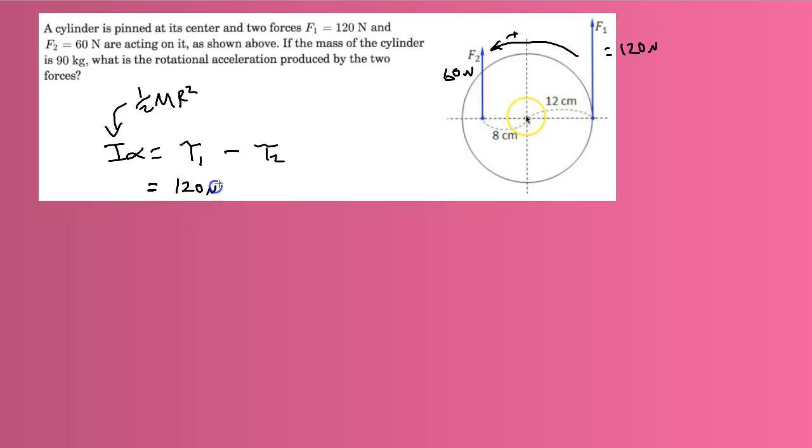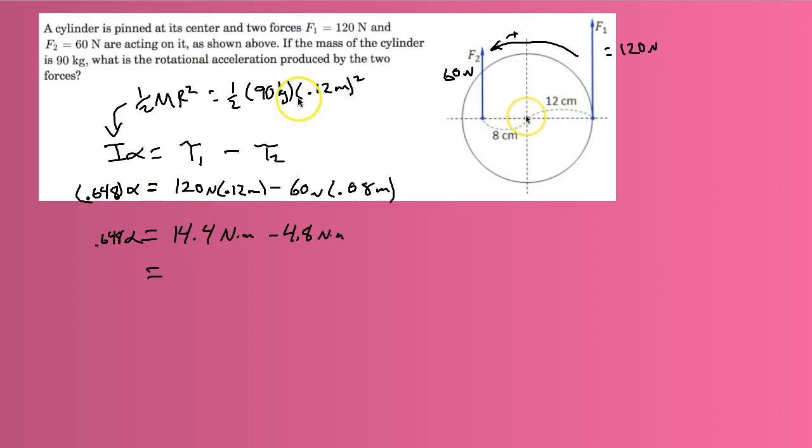So 120 newtons times 0.12 meters minus, for T2, 60 newtons times 0.08 meters. We have alpha right here. And then 1/2 mr squared will be 1/2 times our m of 90 kilograms times our r, the whole radius, of 12 centimeters or 0.12 meters, squared. So I found the moment of inertia to be 0.648 kilogram meters squared.